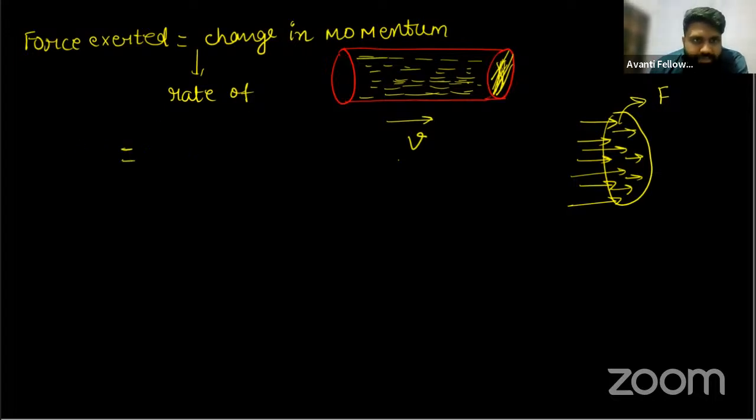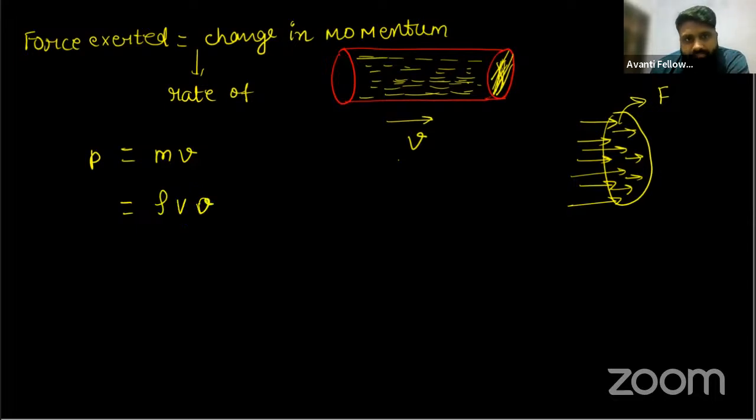So if I write the formula for momentum, P is equal to m into v, where v is the velocity and m is the mass. Now we will consider that mass. I have told you in fluid mechanics, we do not write m as it is. We will write it in terms of density and volume. So mass is nothing but density of the fluid into volume.